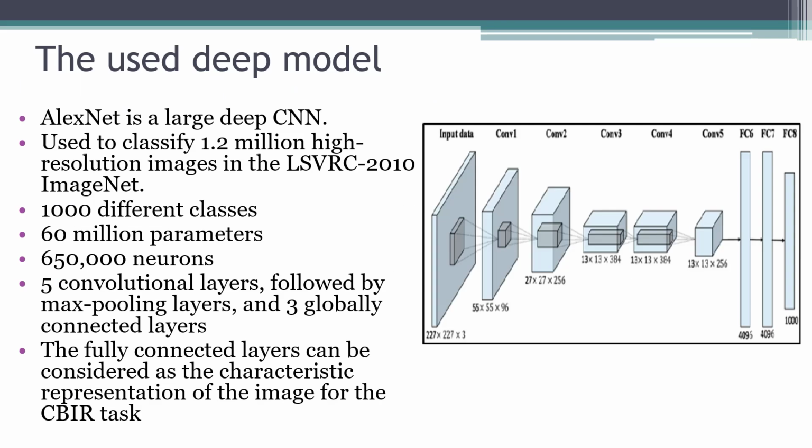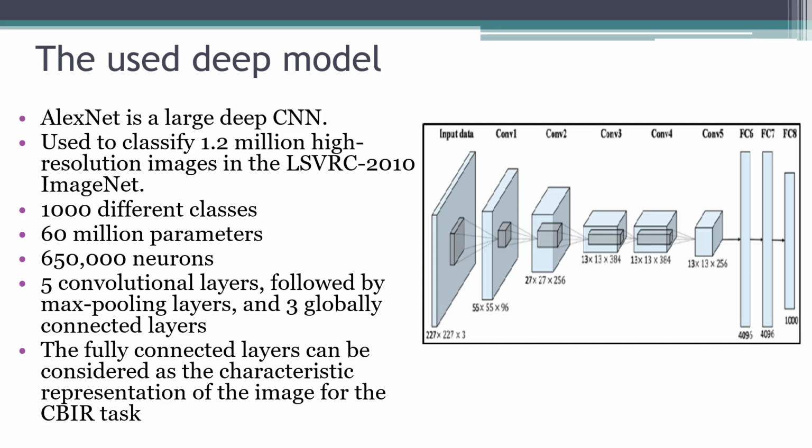AlexNet is a large deep convolutional neural network that is used to classify 1.2 million high-resolution images in the LSVRC 2010 ImageNet contest into the 1000 different classes. It consists of 60 million parameters and 650,000 neurons, with 5 convolutional layers followed by max pooling layers and 3 globally connected layers.